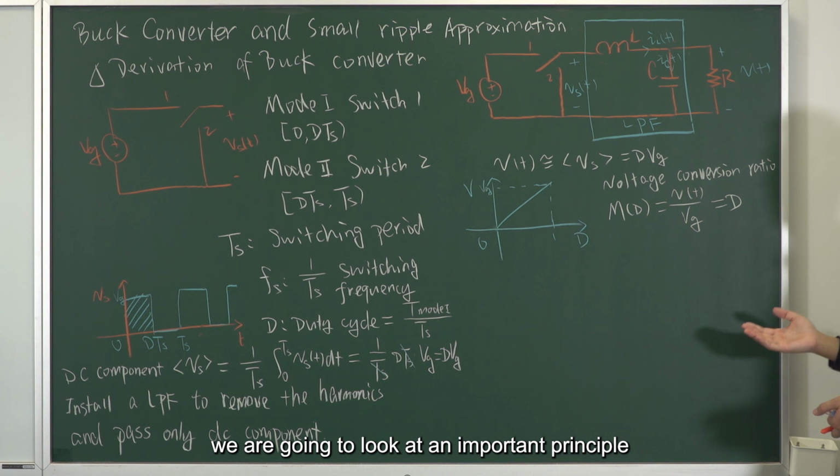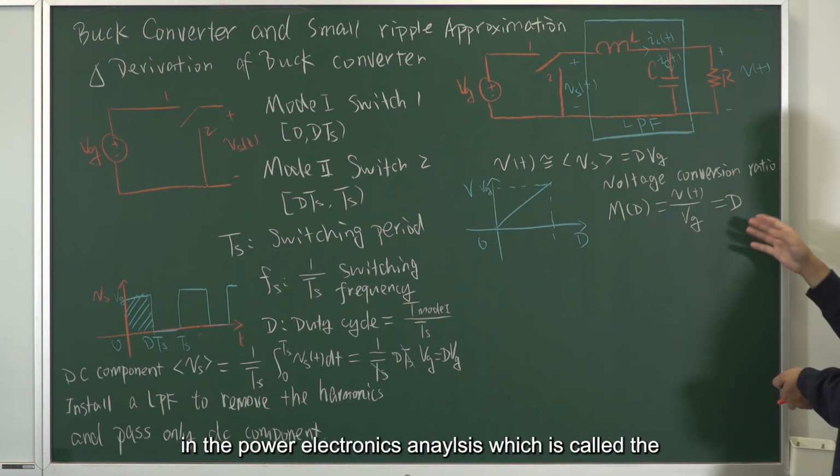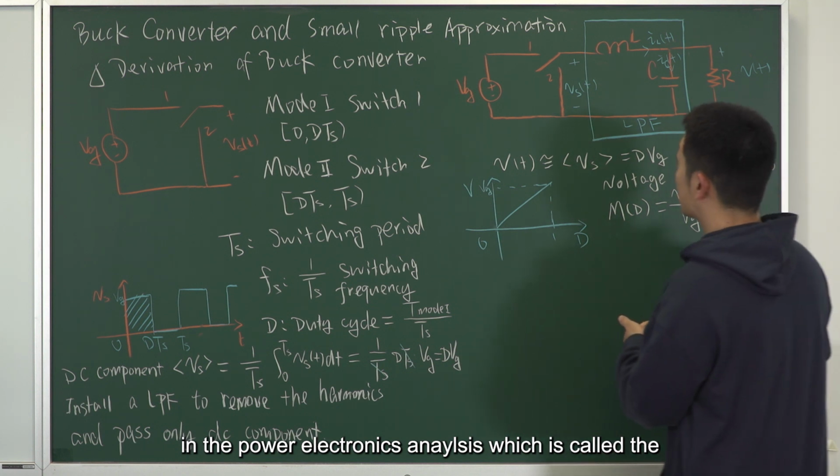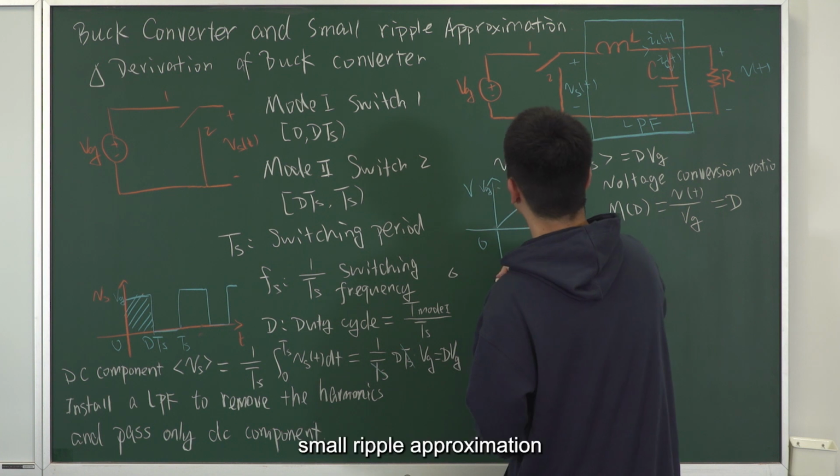And next, we are going to look at an important principle in power electronic analysis, which is called the small ripple approximation.